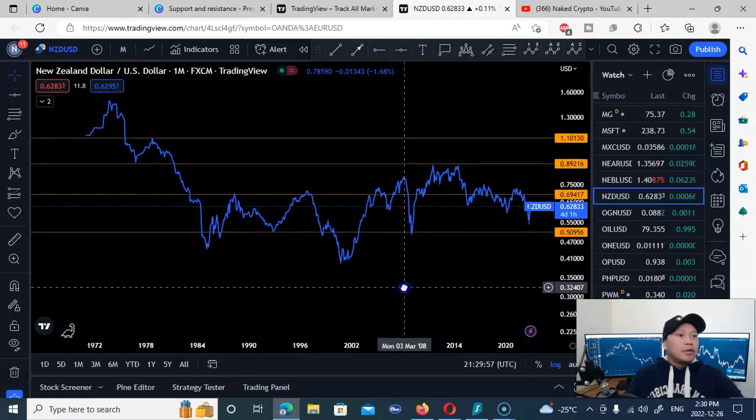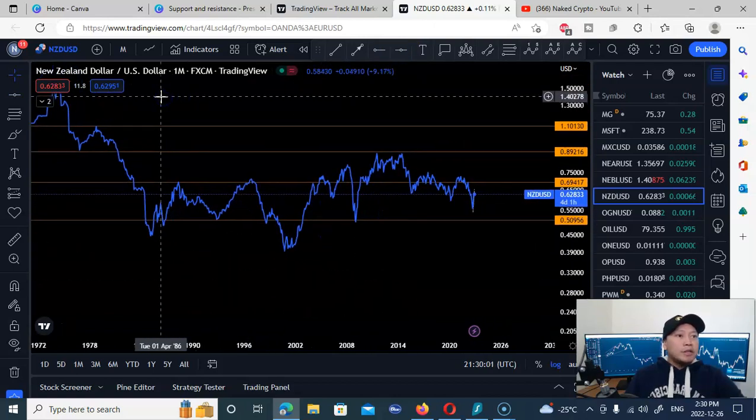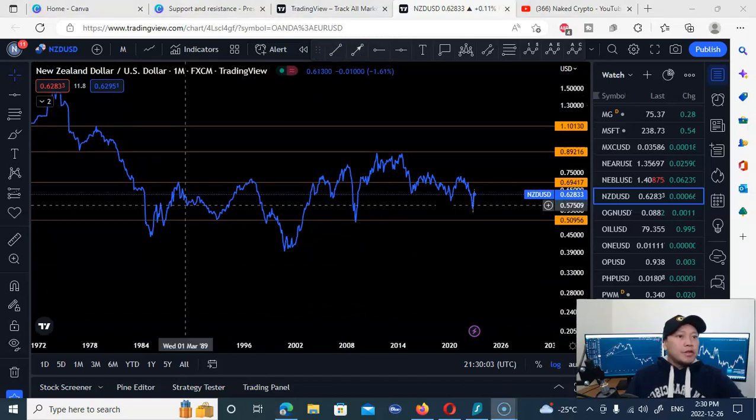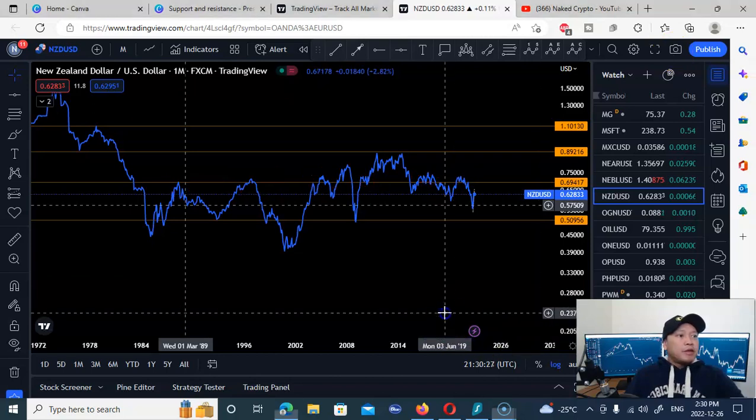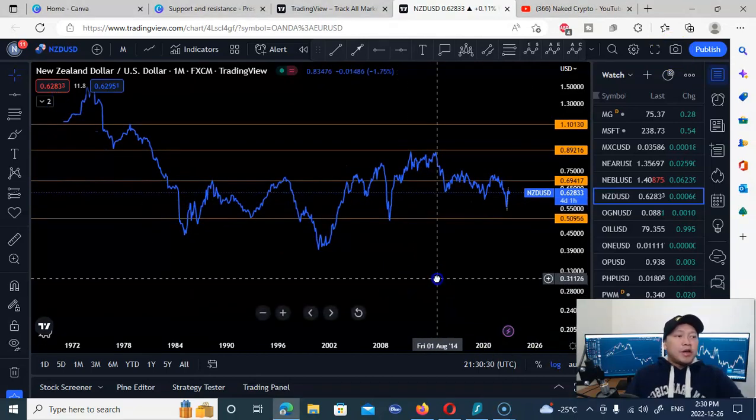Okay, if you can see the reaction of the price, the price reacted here, here, and the price of course reacted multiple times in here, and the price bounced here, and of course the price reacted here and here. It depends upon you if you want to use this strategy too.